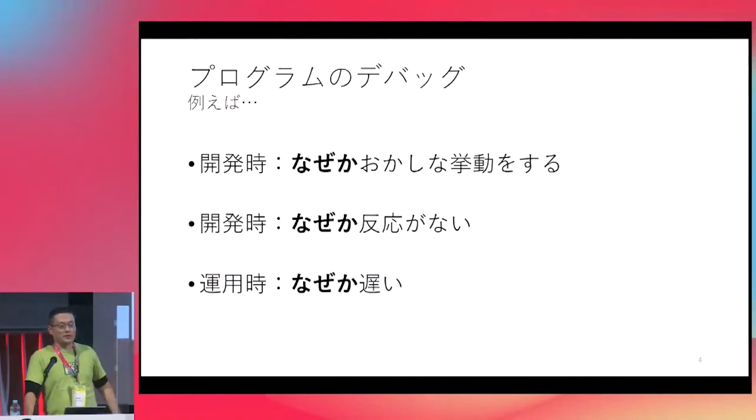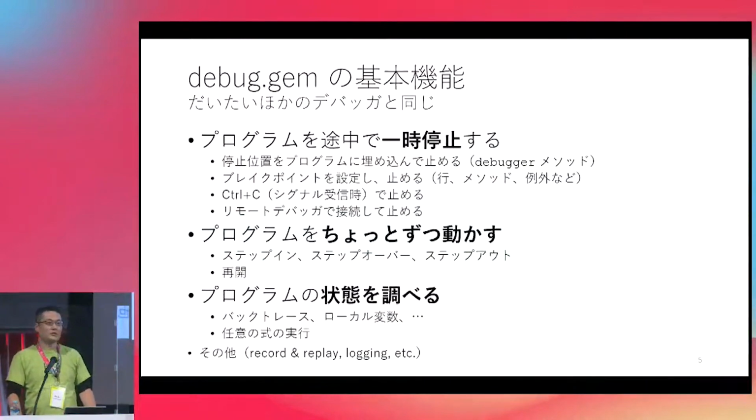But sometimes you may find no reaction at all from the program, and sometimes you may feel that the program is running very slow, possibly with many strange methods or an unexpected stop. There are many factors that may make you feel something is weird when you run the program. So debugging is to remove that kind of error, or identify and then correct the issues or problems of the program.